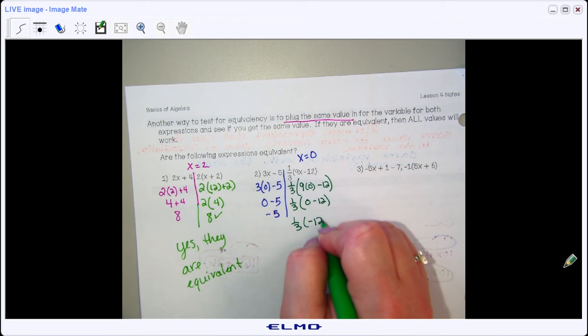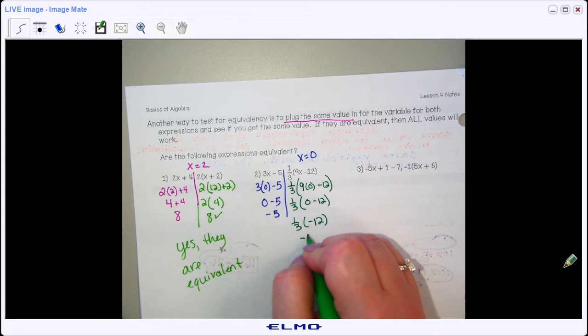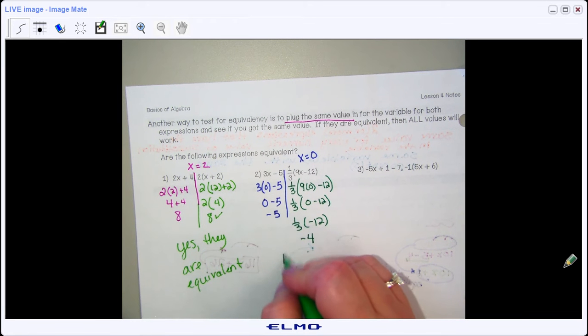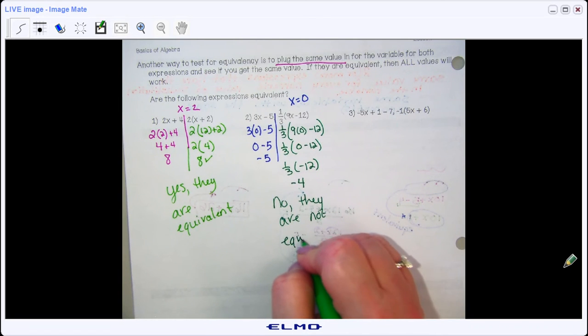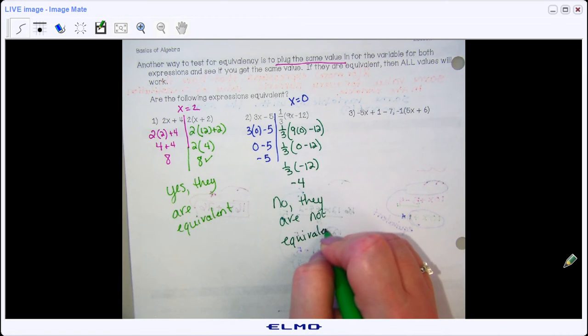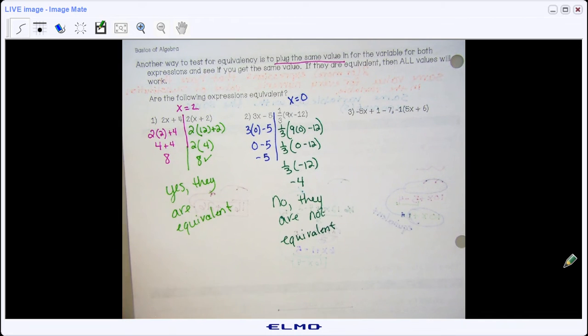So that's -12. 1/3 times -12 gives me -4. So no, they are not equivalent, which is exactly what I found on the front. These are the same expressions on the front. I'm just testing them using the other method.